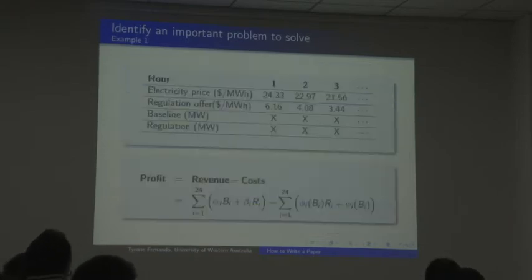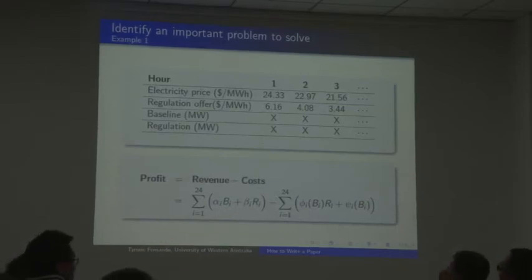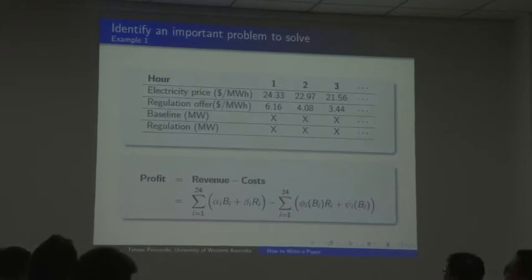So we could say, based on the electricity prices during the day, based on the regulation offers during the day, customers now have two ways to make money, two avenues, right? By increasing the base power, produce more goods to generate profit, or provide regulation and generate profit that way.